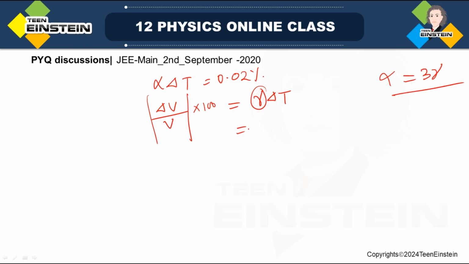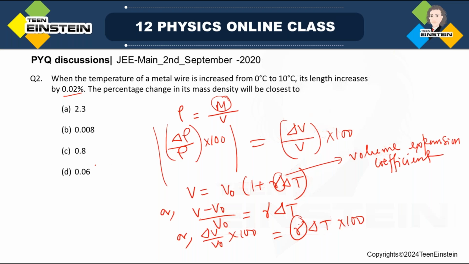So that I can use here. Gamma is equal to 3 alpha. So I'll put it here, 3 alpha delta T. I have already got alpha delta T known. Alpha delta T is already given. So 3 into 0.02, so this is in percentage, 0.06 percentage. Okay. So let me see the options. Yes, this is the correct option.